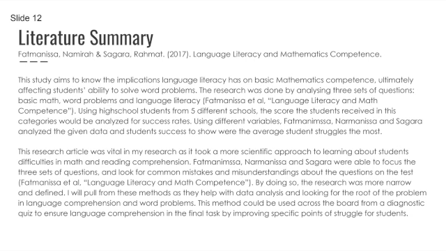The 3 questions were basic math, word problems, and language literacy. So the authors of this article chose to split up mathematical word problems into 3 different sections. Using these variables at 5 different schools, they were able to analyze success rates in these categories. So by doing so, the research was more narrow and defined.